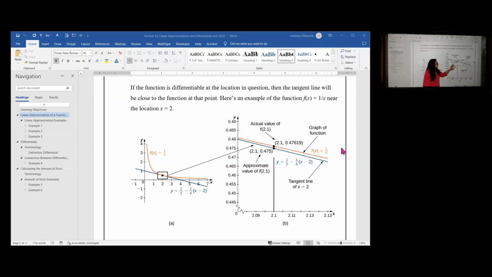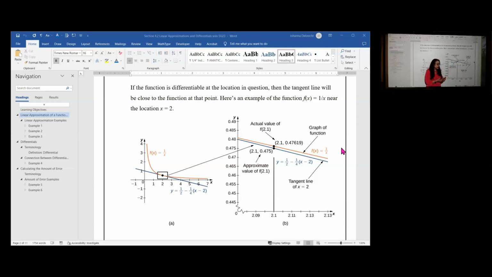When we zoom in, notice how close the tangent line in red is to the graph of the function. Oops, I got it backward. The function in red compared to the tangent line in blue. They're very close together. Instead of taking a value that's on the actual function, I could approximate it with a value that's on the tangent line.